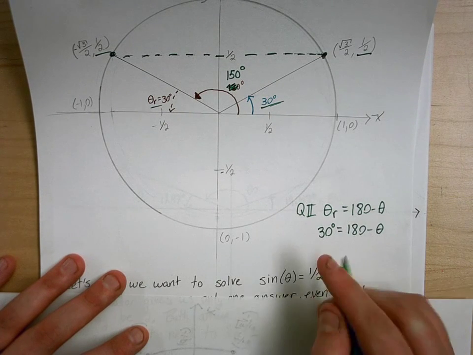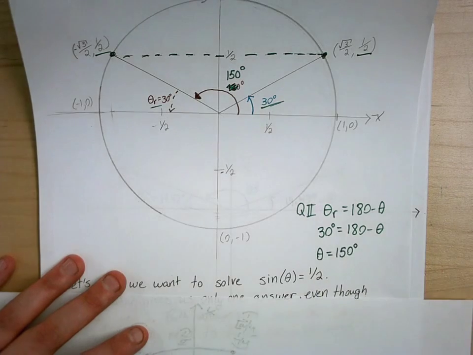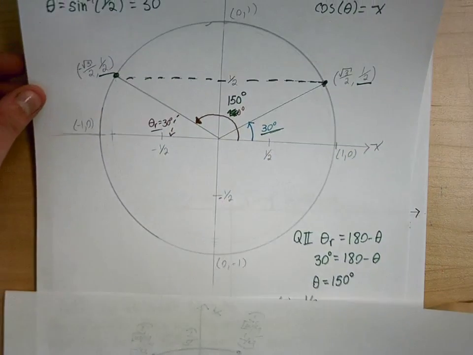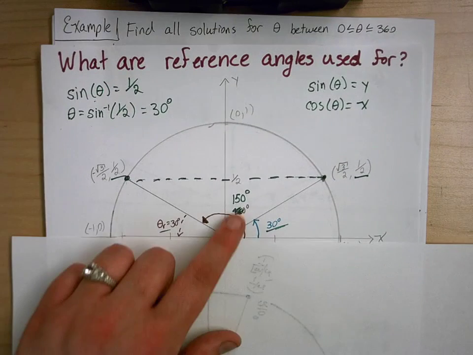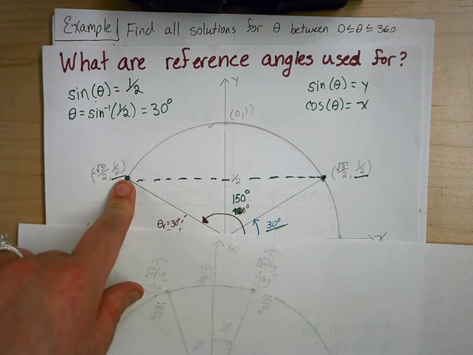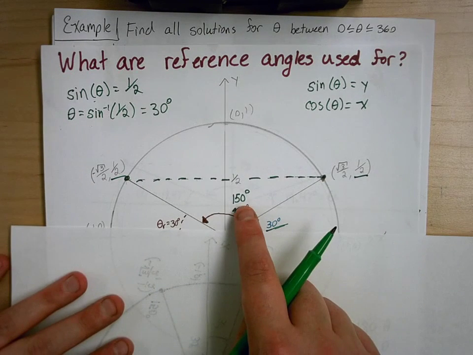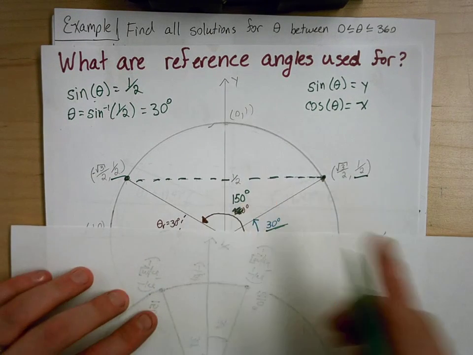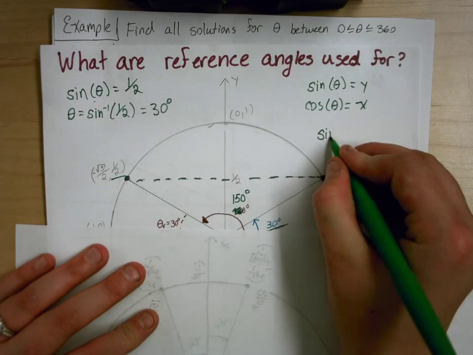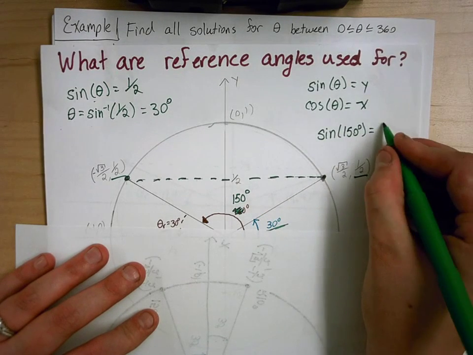When we solve for theta, we're going to get that theta equals 150 degrees. So that's perfect because we know by looking at the unit circle that at 150 degrees, we do indeed get that sine equals 1/2. We could also double check this by plugging sine of 150 degrees into our calculator and also confirming that that would indeed equal 1/2.